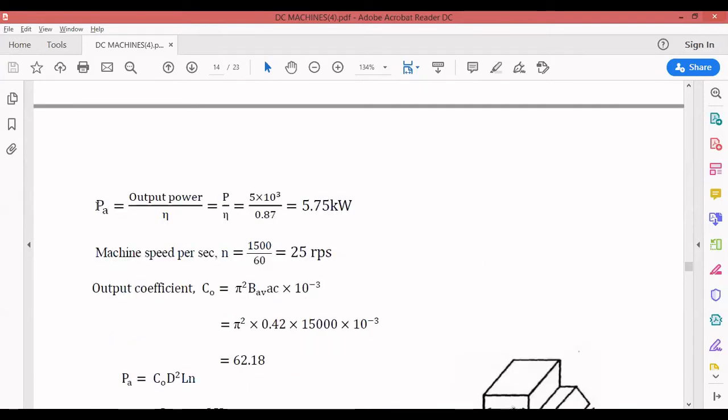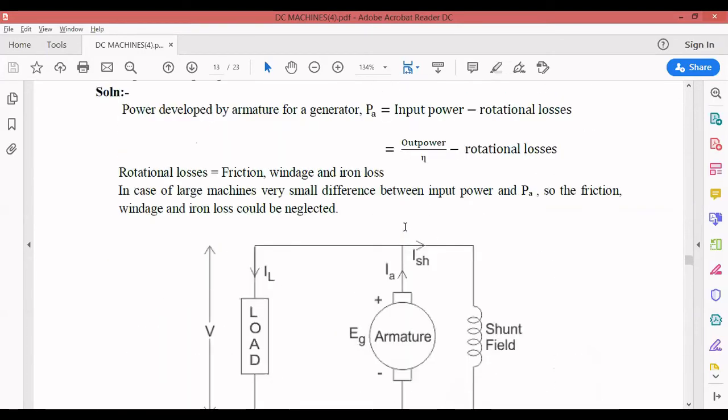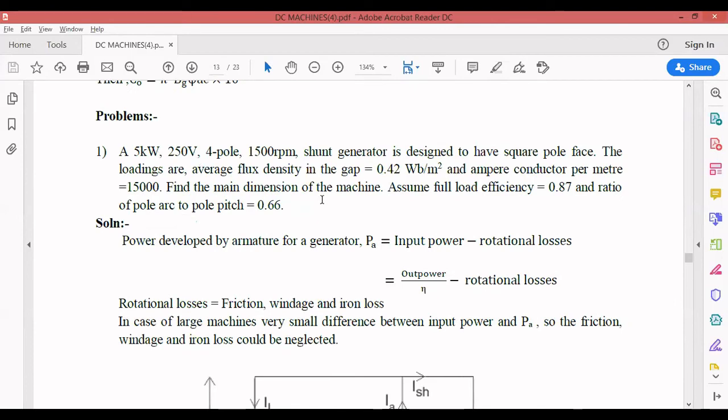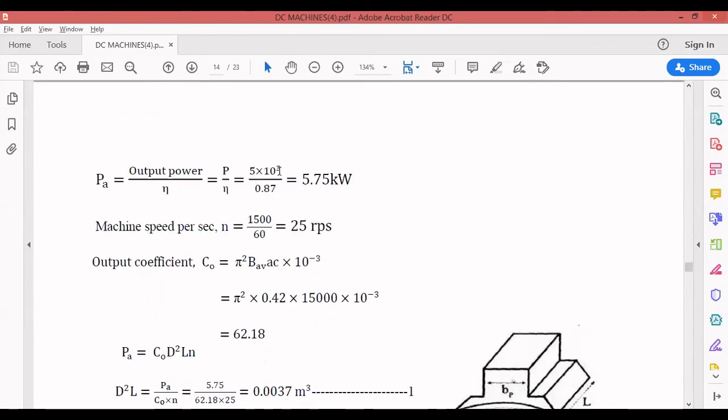Now, power generated by the armature is given by output power by efficiency. What is the output power given in the problem here? Output power is 5 kilowatt. Now 5 kilowatt divided by efficiency. If they give efficiency, indirectly we come to know the losses.